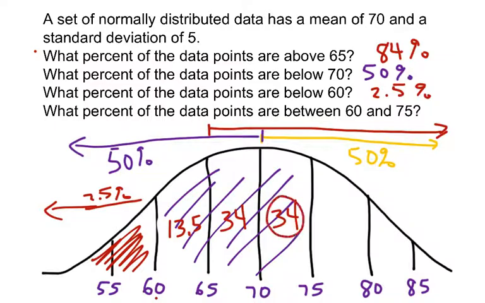So if I add these together, that'll give me the percent of the data points that are between 60 and 75. Let's see, 34 and 34 is 68, and another 13.5 means that 81.5% of the data points are between 60 and 75.